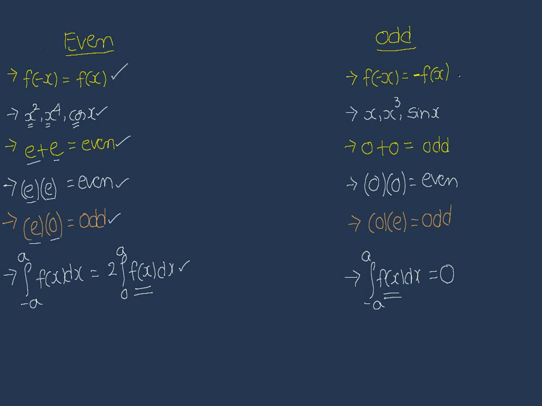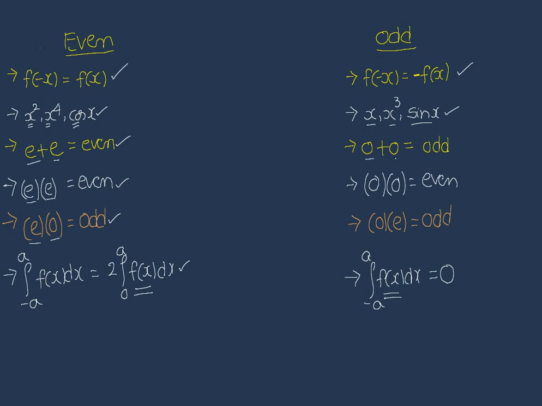Similarly, odd function, f of minus x is equal to minus f of x, then you call it as an odd function. Examples: x, x cube, sin x. So if you substitute in place of x minus x, you are going to get minus x. So minus x whole cube, you will get minus x cube. Sin of minus x is minus sin x. Therefore, these are all the odd functions.